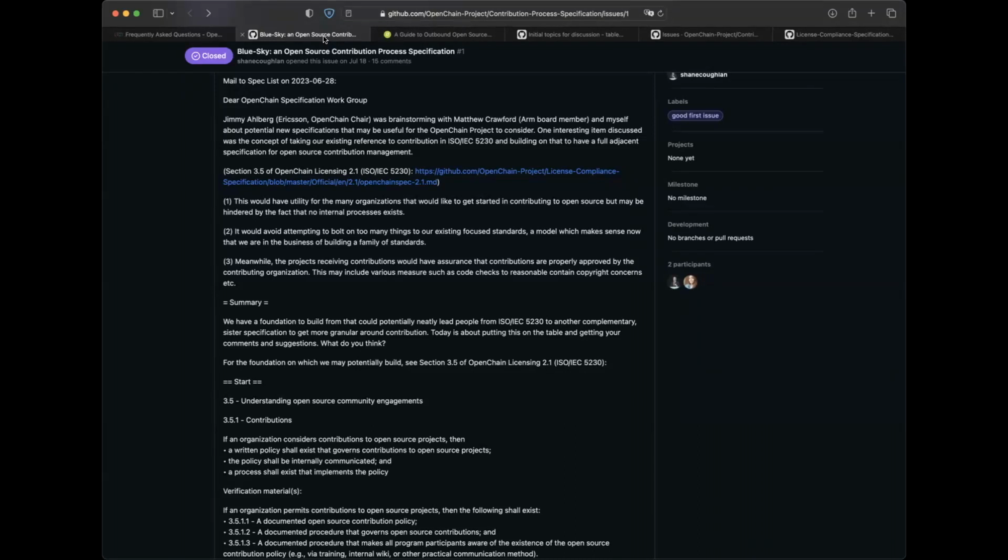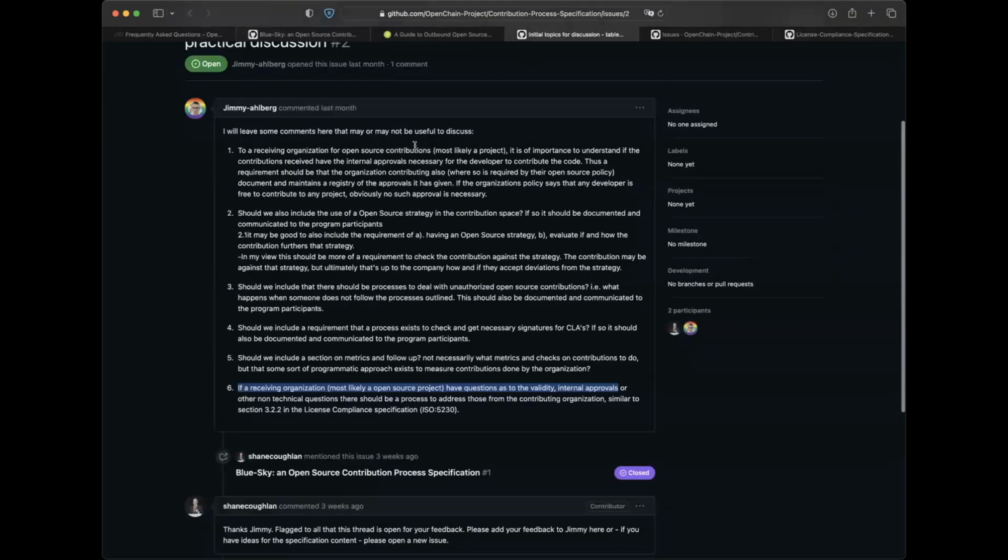And we would then be focusing on having that baseline, so that you'd know if company A is contributing to project B, company A definitely does, assuming we included Jimmy's stuff, have a policy. It is going to have internal approvals. It's going to be tied to business strategy.